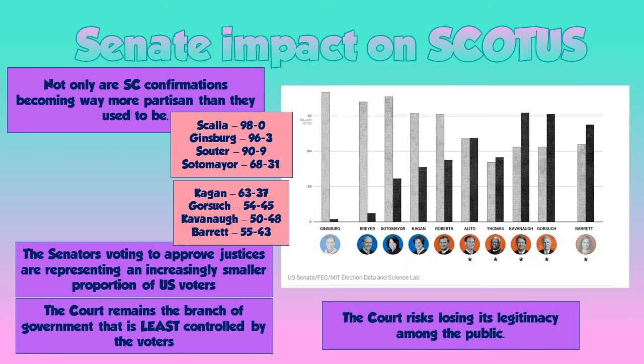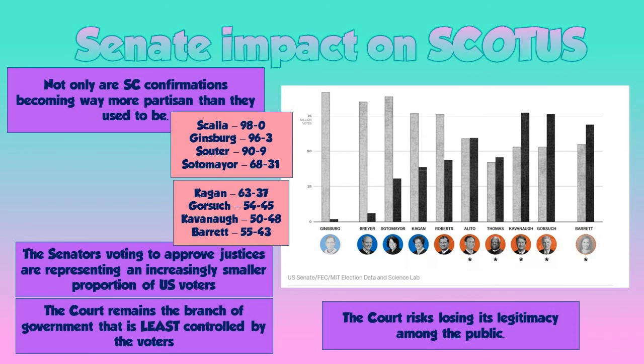So you see Ginsburg on the left there, she was 96-3, so overwhelming support of the senators and their states and the votes from their state. Over time, though, what we have seen is that the justices being added to the court are being approved by a majority of the Senate that is representing an increasingly smaller minority of the population of the country.